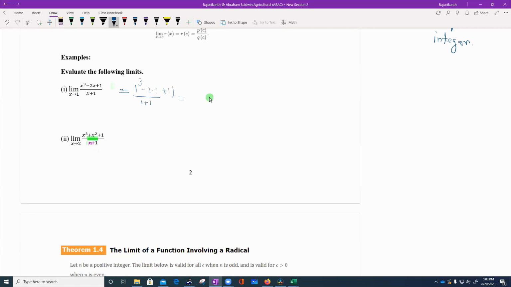Simplify this and write down. So it should be 0 over 2, right? Which is 0. So here simply plugging 2, which would be 2 cubed plus 2 squared plus 1 over 2 plus 1. So that gives you 8 plus 4, 12 plus 1, 13 over 3, right?